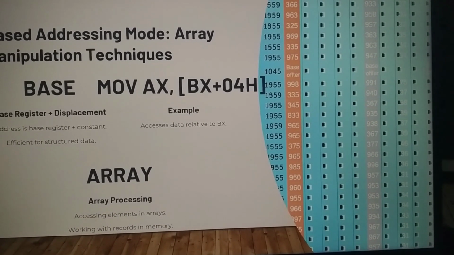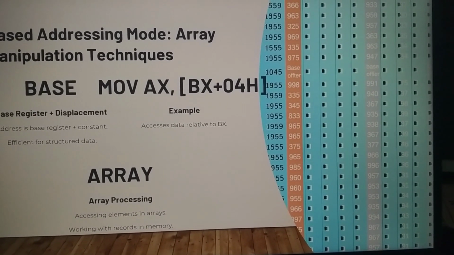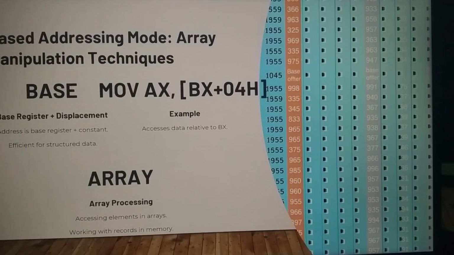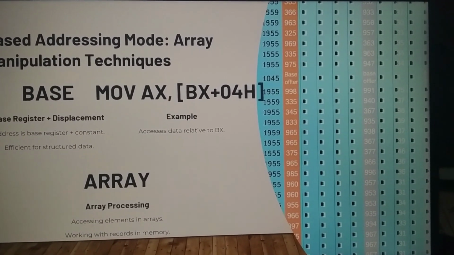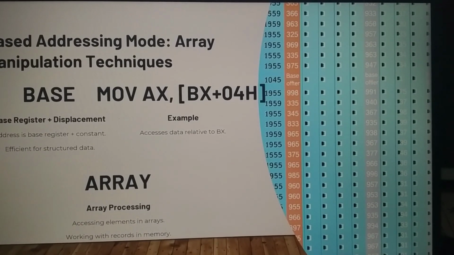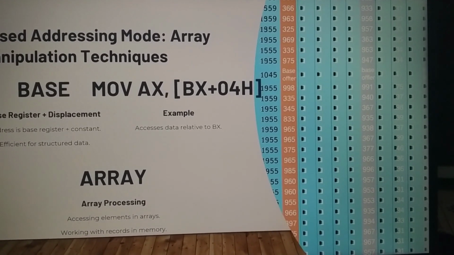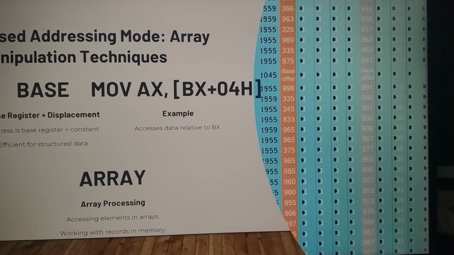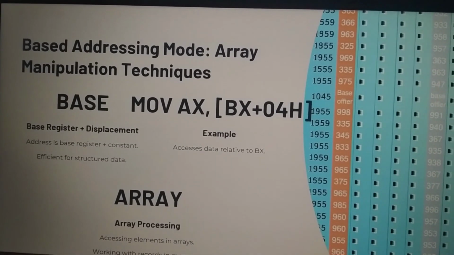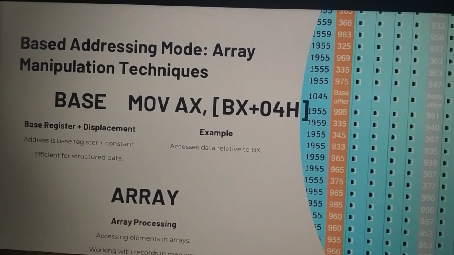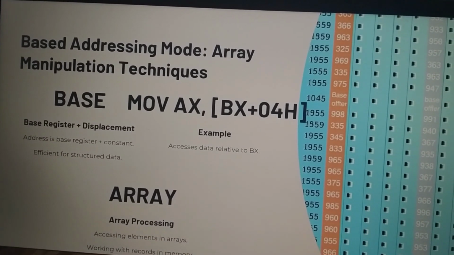For example, in the instruction MOV AL, [BX + 05h], the memory address accessed is the content of BX plus 5, allowing the program to read the sixth element in the byte array. This approach enables efficient array traversal, as the base address is stored once in the base register, and individual elements can be accessed by simply changing the offset.